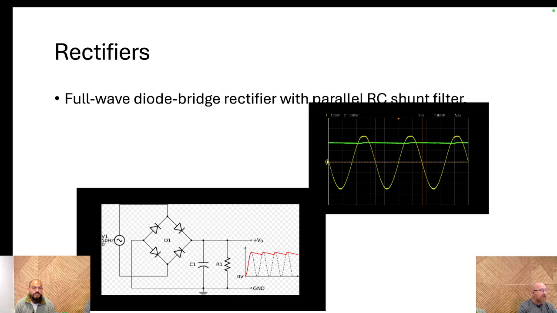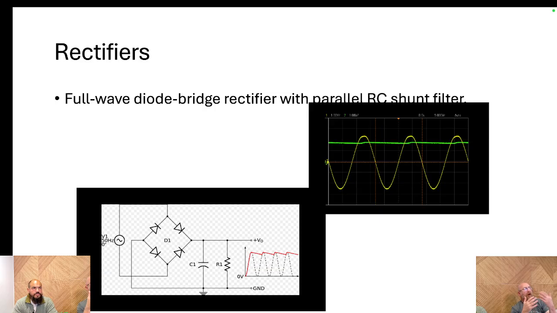The voltage only dips slightly in between the humps, so it's smoothing it out. In the upper right-hand side, you'll see what the AC looks like coming in, and the tiniest little humps happening around the charging and discharging of the capacitor on the RC shunt filter.